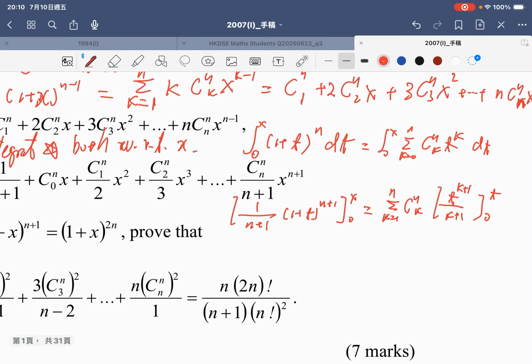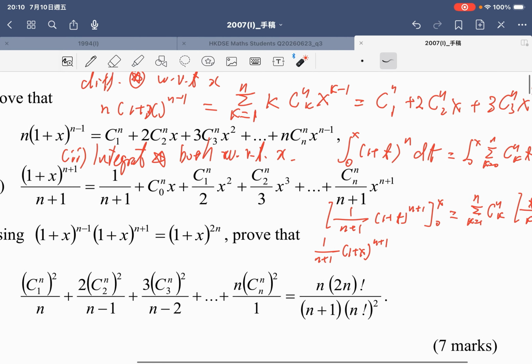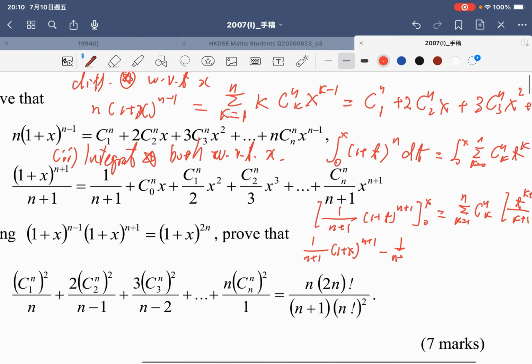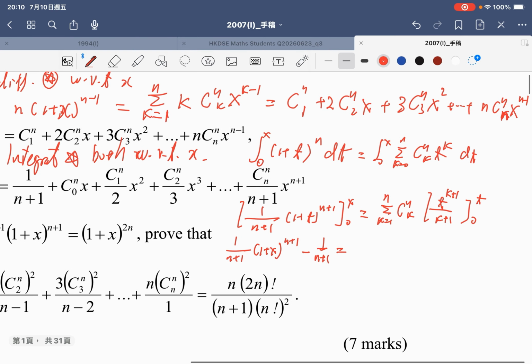For the left hand side, when we substitute x, this is 1 over n plus 1 times (1 + x)^(n+1). This is actually the left hand side of our identity. And substitute 0 into that, we have minus 1 over n plus 1. For the right hand side, summation k from 0 to n, nCk, substitute x into the formula, that is x^(k+1) over k plus 1, and substituting 0 gives 0.